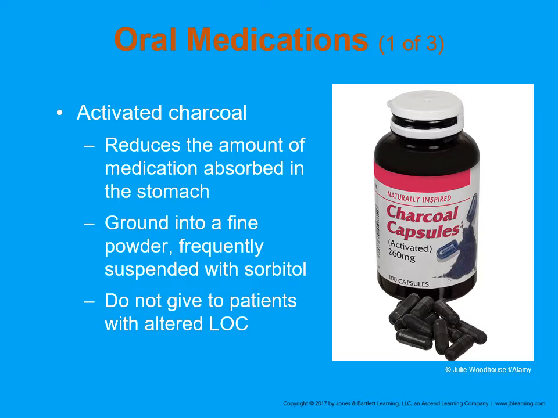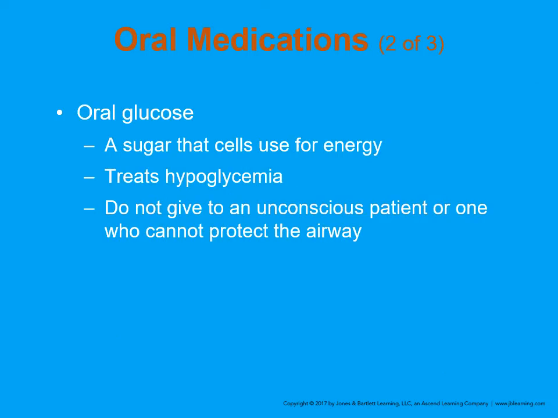All right, oral glucose. Glucose is a sugar that cells use for energy. It is necessary for brain cells. Hypoglycemia is extremely low blood glucose. Oral glucose can counteract the effects of hypoglycemia.